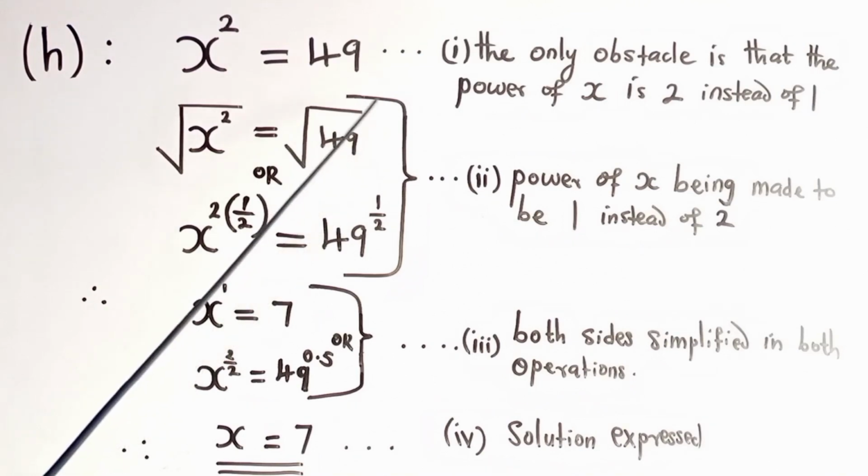What about the square root of 49? I believe you know what a square root is. A square is a number we get when a number multiplies itself. If you say, for instance, 2 times 2, the result is 4. That number 2 that is multiplying itself is called square root.